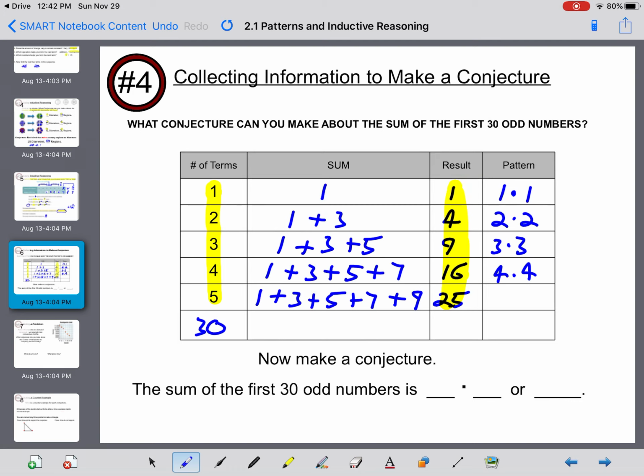And if the number of terms is 5, well, 5 times 5 is 25. So if the number of terms is 30, then the sum of the first 30 odd numbers must be 30 times 30. And 30 times 30 gives you a result of 900.